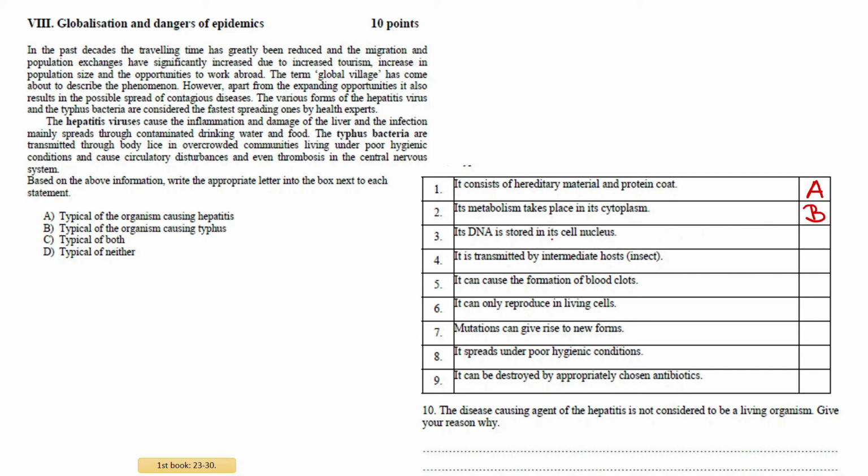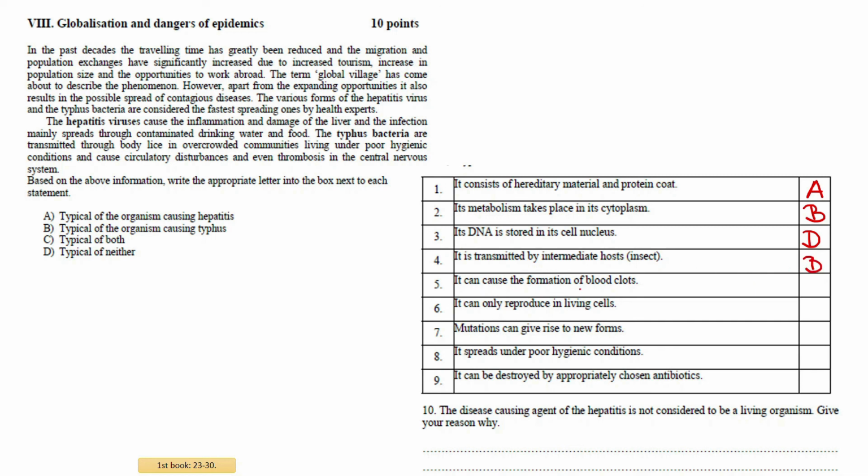Its DNA is stored in its cell nucleus. That is a strong D. They don't have cell nuclei. It is transmitted by intermediate hosts. We could read it from the text that lice is responsible for transmitting the typhus. And lice is a parasitic insect, so B comes here.